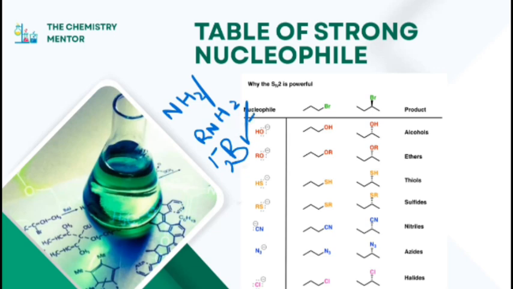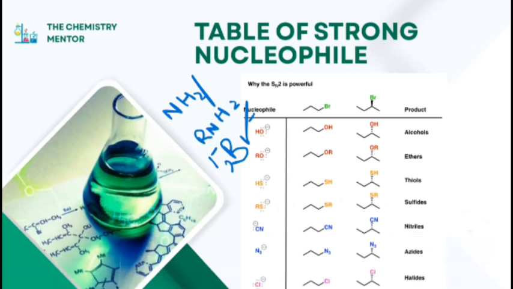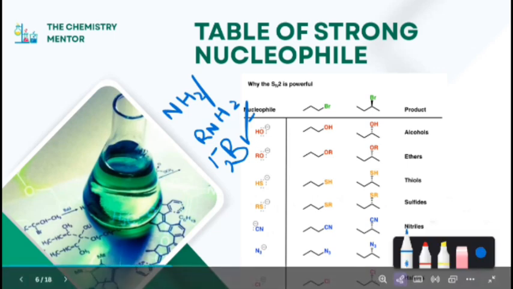Br negative, okay. And thiols are also very strong. So strong nucleophiles don't wait, they attack immediately, just like you should attack your goals with focus and consistency. Now let's move towards the next slide.